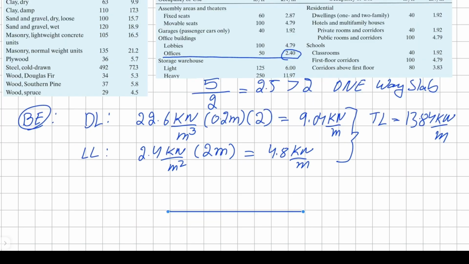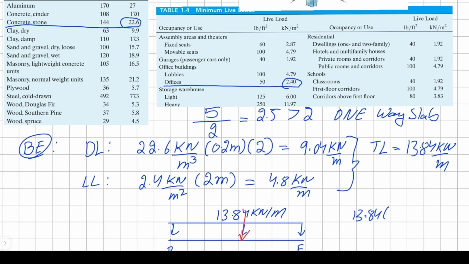The idealized beam BE will have a uniform distributed load as follows. It will be 13.84 kilonewton per meter. Now we need to convert this load into a point load, which is simply multiplying our total load with the length of the beam.